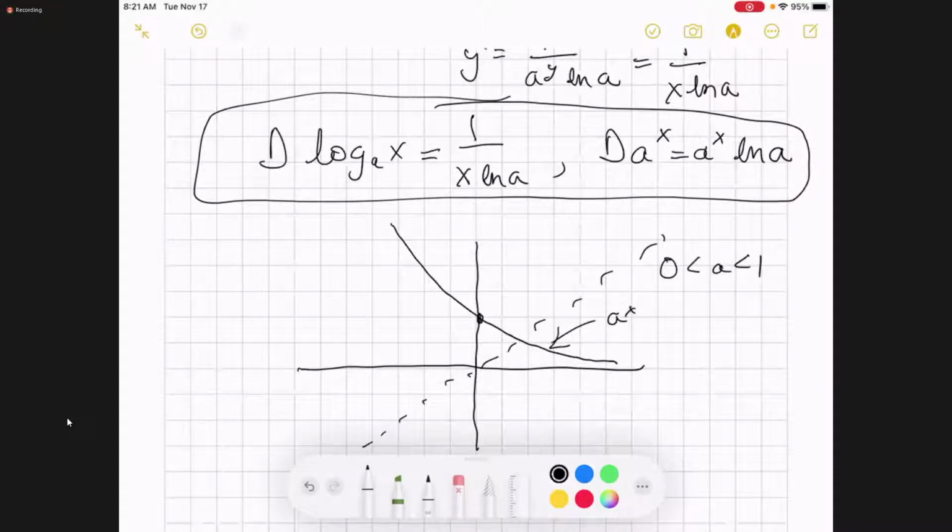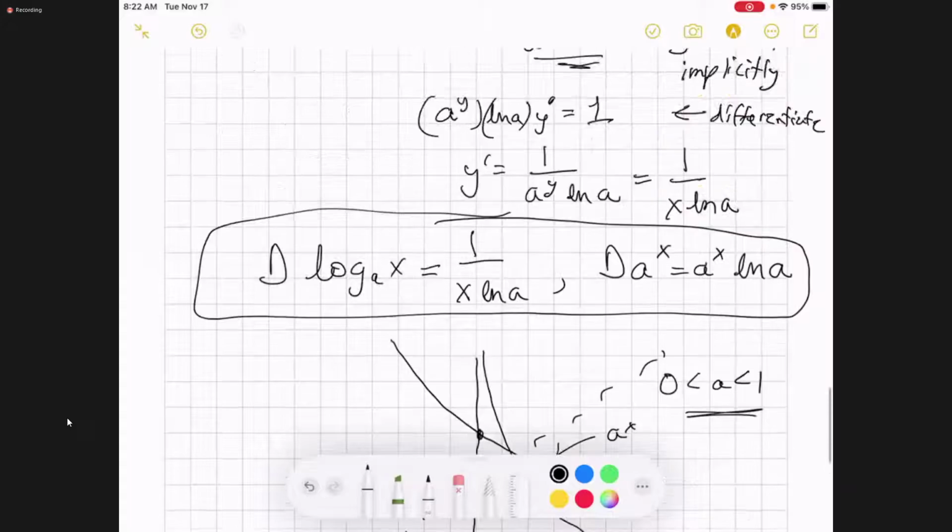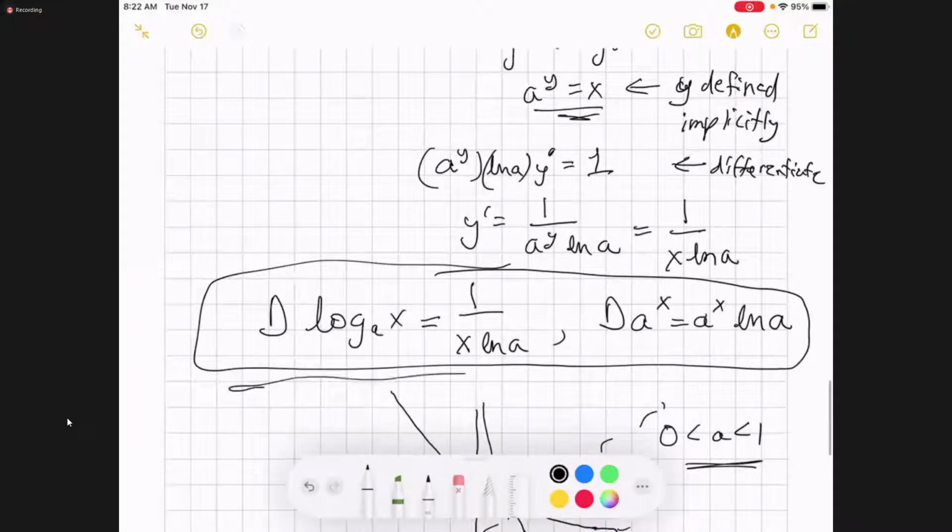That is, you take all the pairs on this curve and you switch their order. That turns this asymptote into a positive y-axis asymptote. So this would be log base a of x. But whether a is between 0 and 1 or greater than 1, these rules hold.